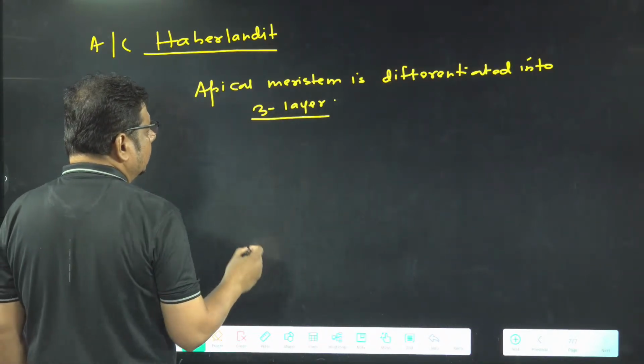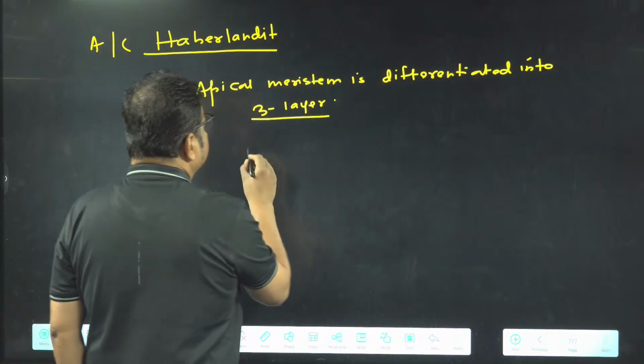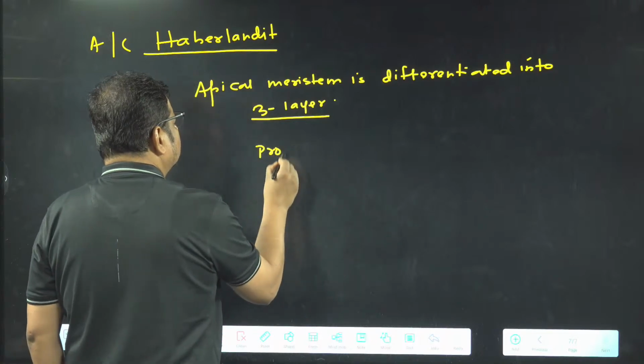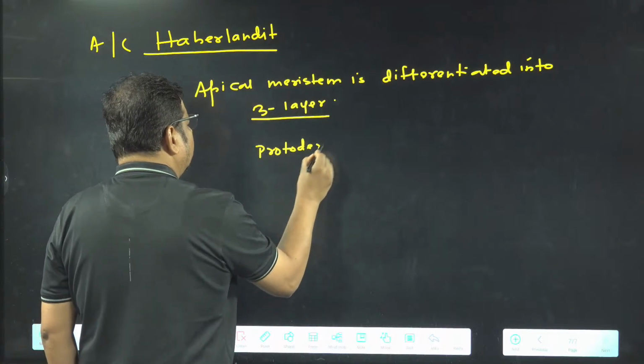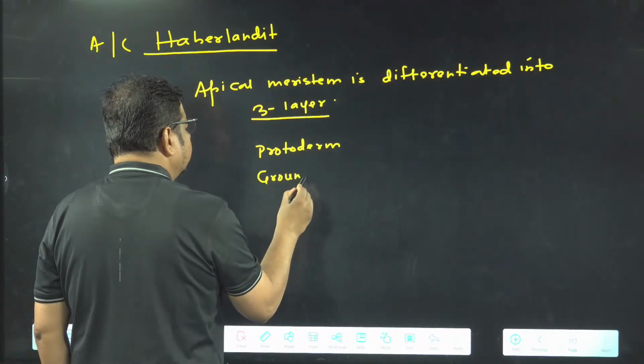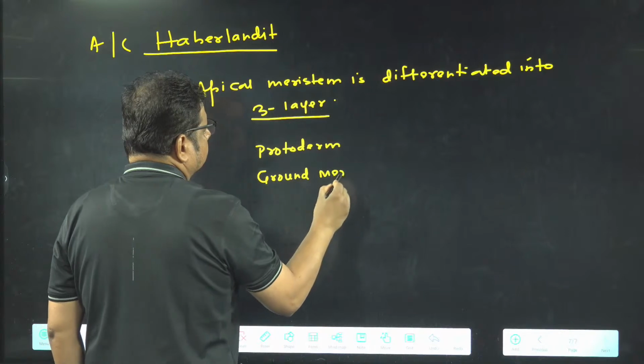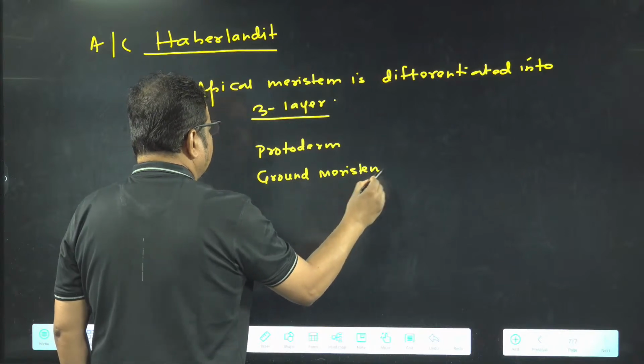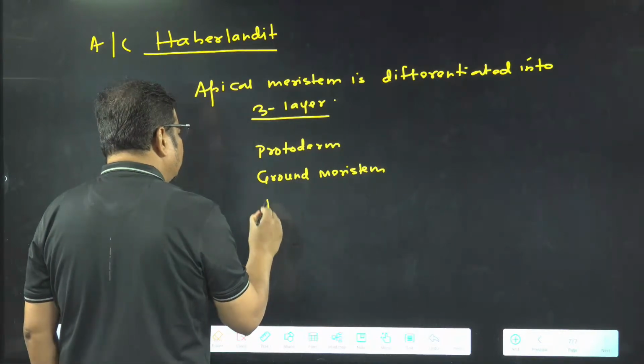One layer is which one? Protoderm. Another layer is which one? Ground meristem. And another layer is which one? Procambium.